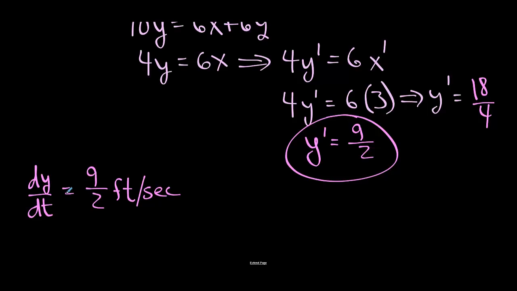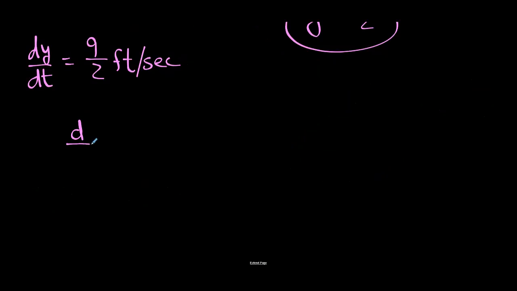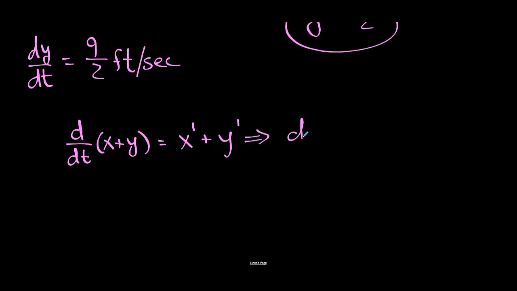Now we're ready to calculate how fast the tip of his shadow is moving away. So let's see what we've got. We've got d/dt of x plus y. Well, that's going to be x prime plus y prime. We know that x prime is 3, y prime is 9 halves, and all this is feet per second.